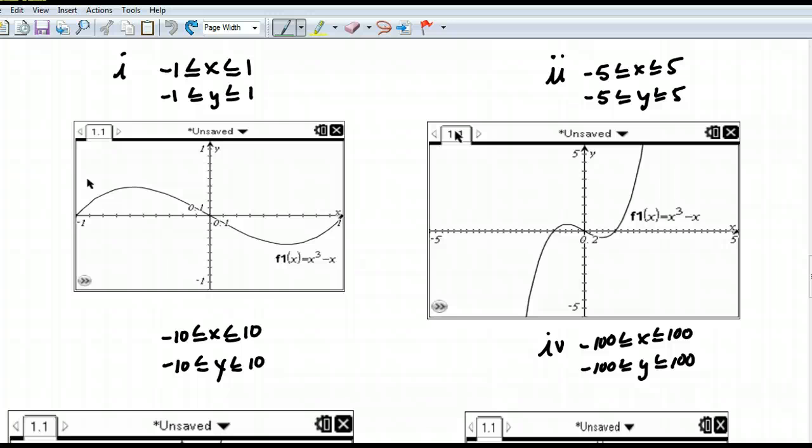So if you know what you are putting in, you notice that on this one, it's an x to the third. So that's part of the reason why it's important to know the parent function. If it's an x to the third, it's going to have something like this as a shape. So that's why if you know your parent functions, it will make your life quite a bit easier on this.